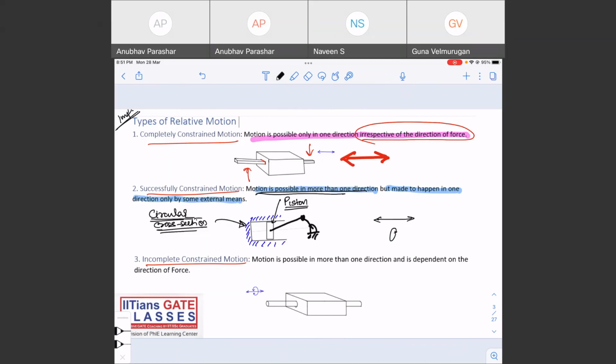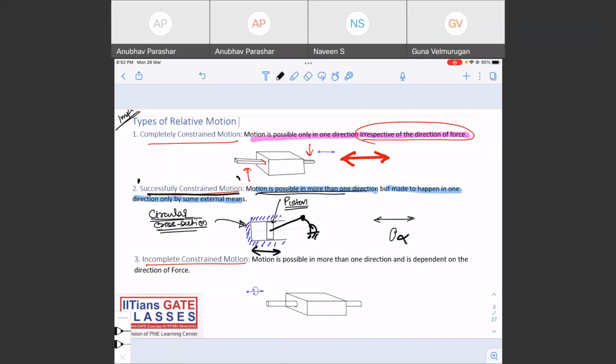There is now only one motion possible, that is the to and fro motion. The rotation of the piston is now prevented because it is joined to the connecting rod. So this kind of motion is known as successfully constrained motion. You have successfully constrained it.